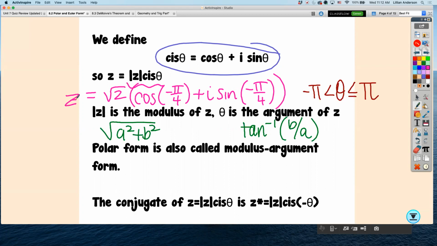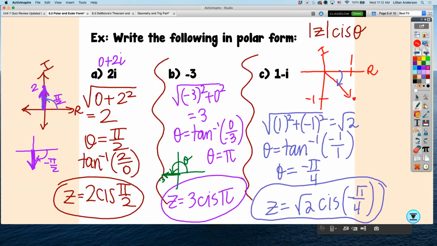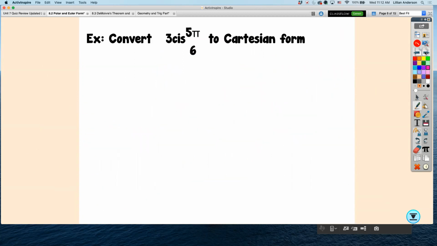That is essentially the same thing as us writing root 2 cis negative pi over 4. I never put it together. Okay? Yeah. So there we go. Questions on this? No. All right. No, we know that's what cis is.